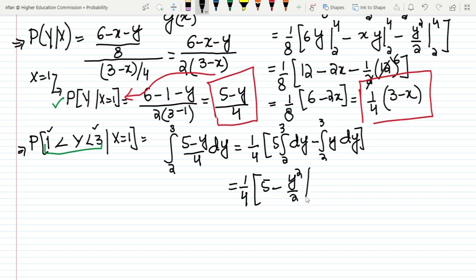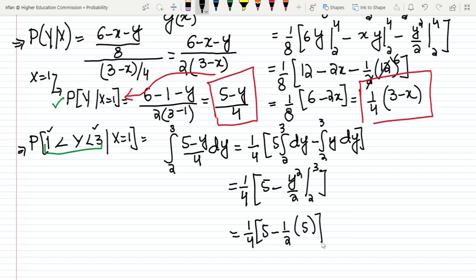Y square divided by 2, this is from 2 to 3. Okay, this was y here, that's why I have solved it very easily. So 1 by 4, okay, 5 minus, this is 1 by 2. Okay, so 3 squared is 9, 9 minus 4 is 5.